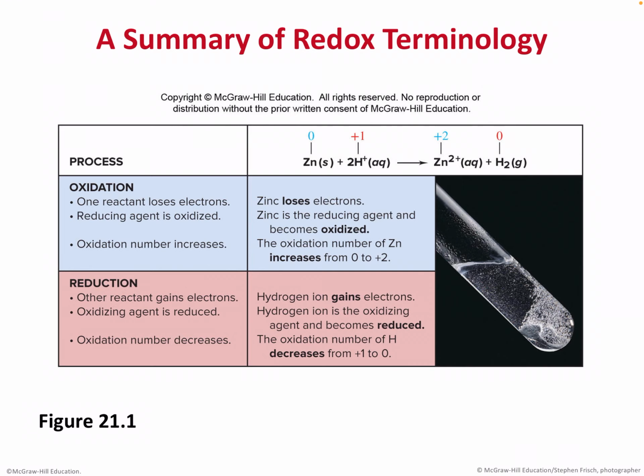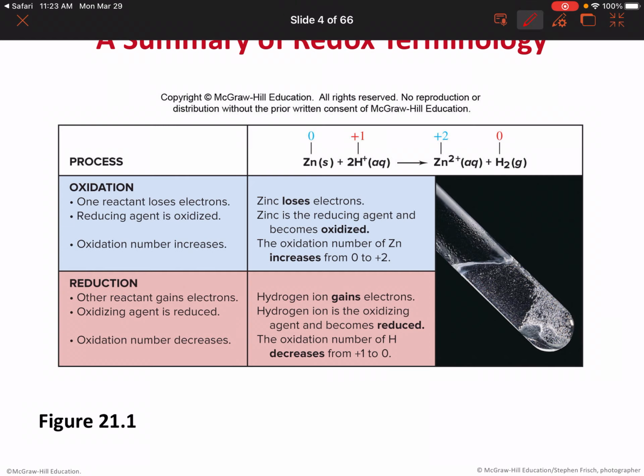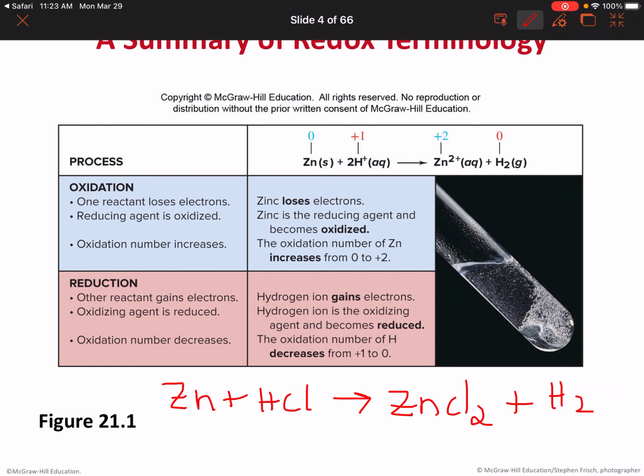Summary of redox terminology. Let's look at it with this example. Here in this test tube you have some zinc metal and you put hydrochloric acid. So you can see some bubbling takes place. When you add hydrochloric acid to zinc, you get zinc chloride and hydrogen gas.